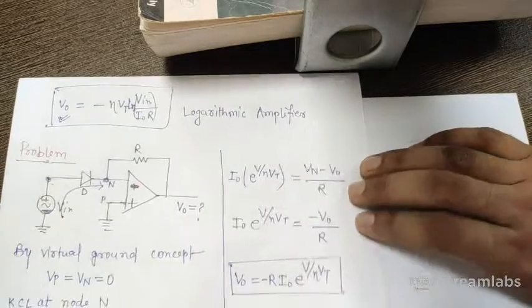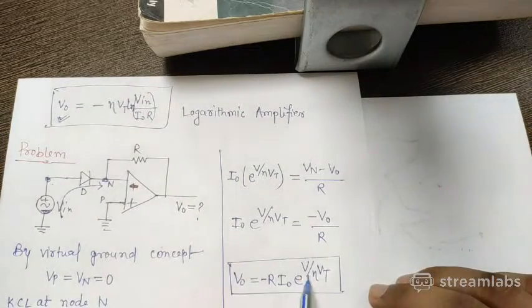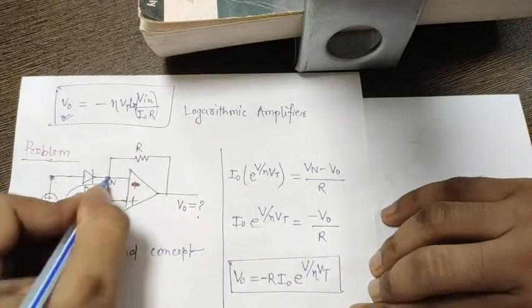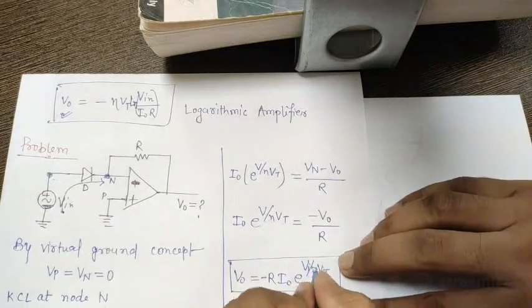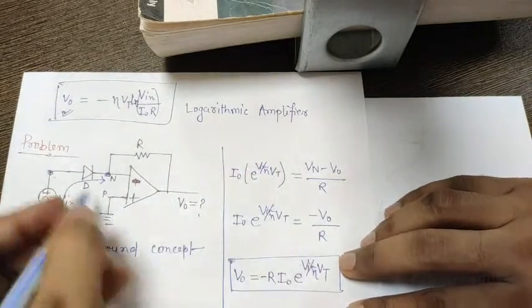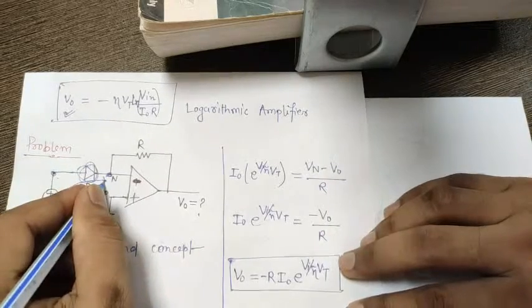This is the equation. What will V be? V is the voltage across the diode, that is V_in minus 0, so this will be V_in.